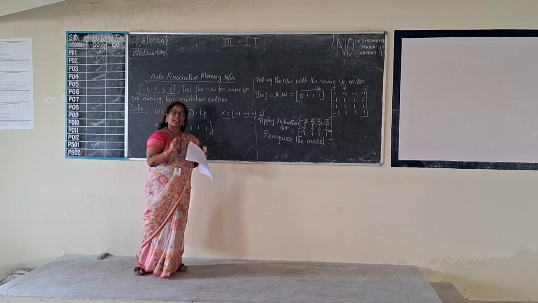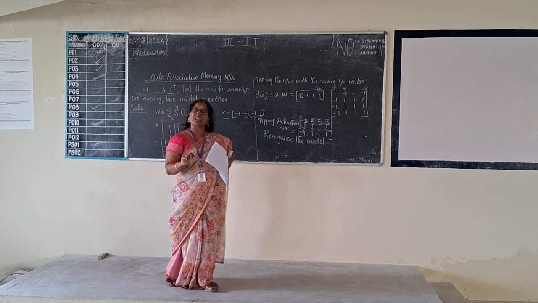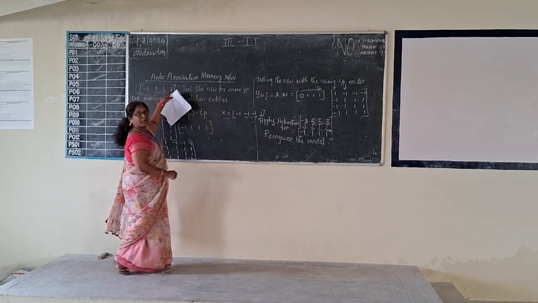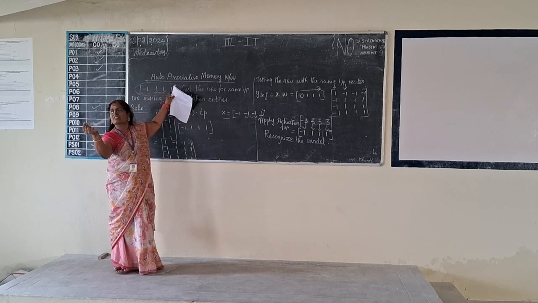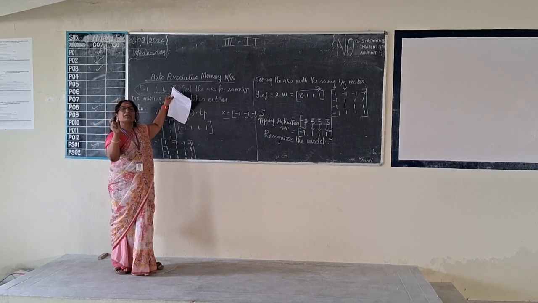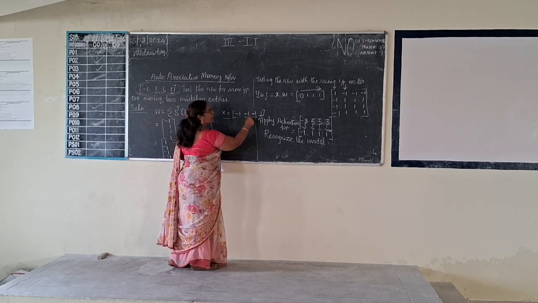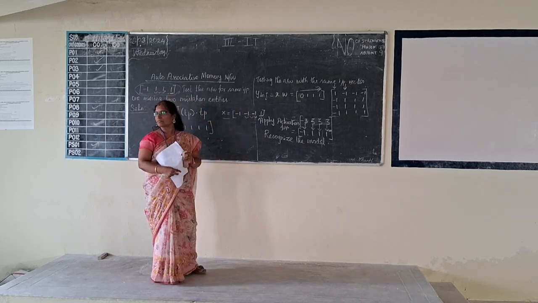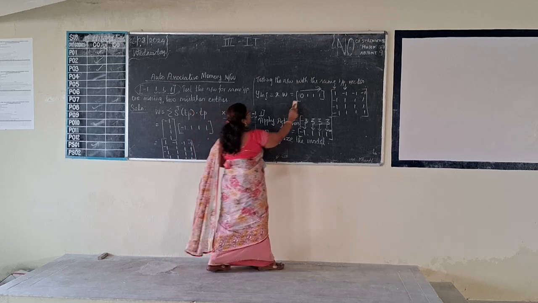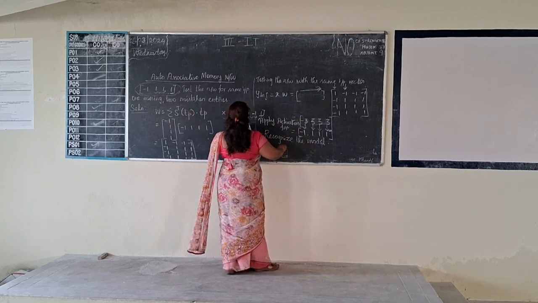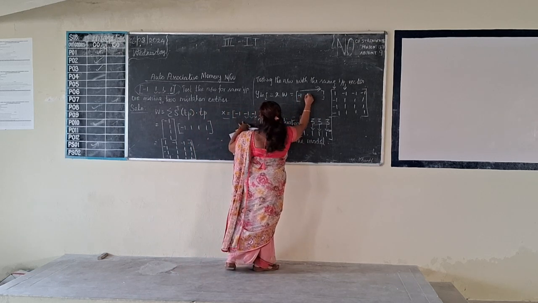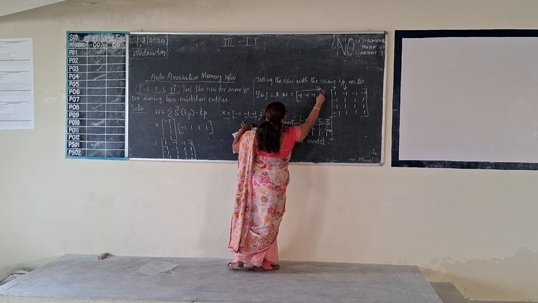I have trained my model to recognize this kind of input, and even if there is a small mistake, it is able to recognize. Now I am trying with two mistakes in the input. Let us see what is happening. Okay? So same process. Take the input as -1, -1, -1, 1.